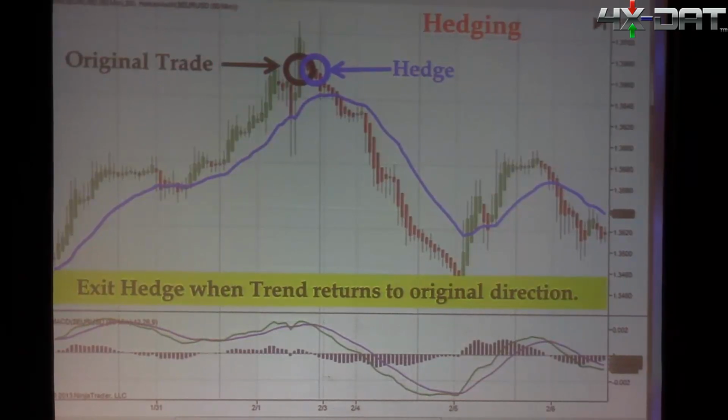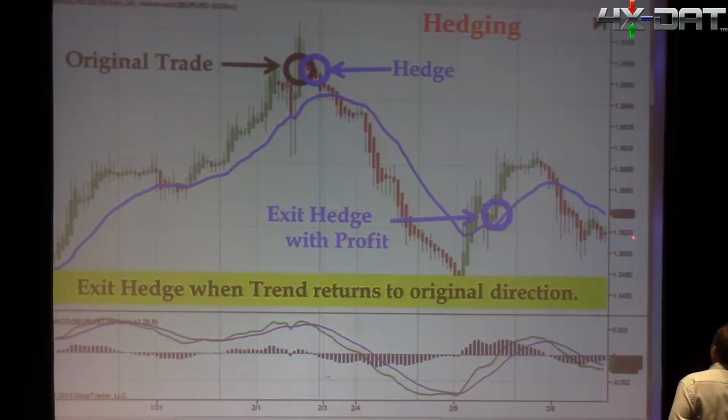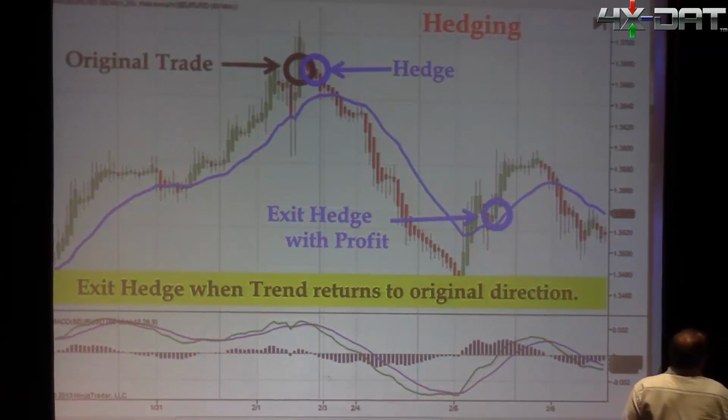We will exit this hedge when the trend returns to its original direction, which would be right there, based on all of our rules. What's this price? Let's call it right here. This is 135.40, right?